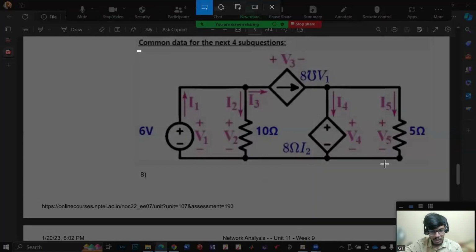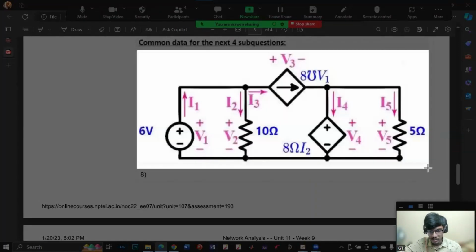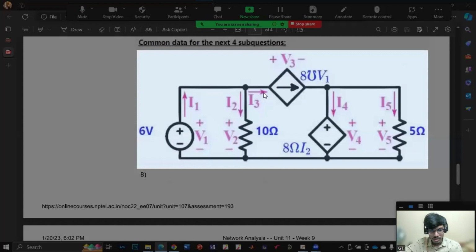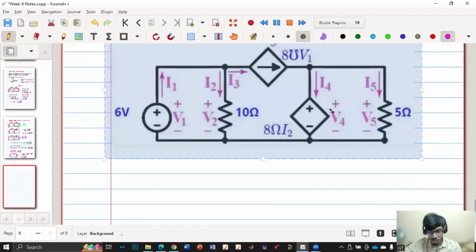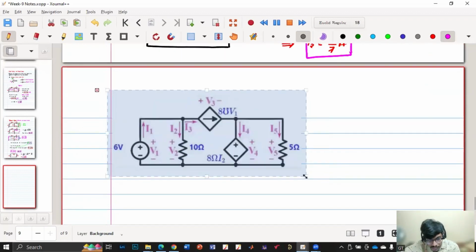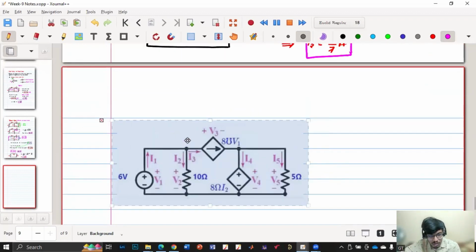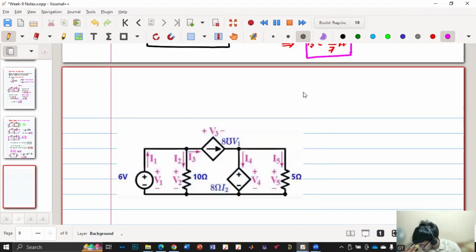It may be looking complicated, but okay. So we have the fourth question over here, and today it is problem 3. So this is today's third problem.